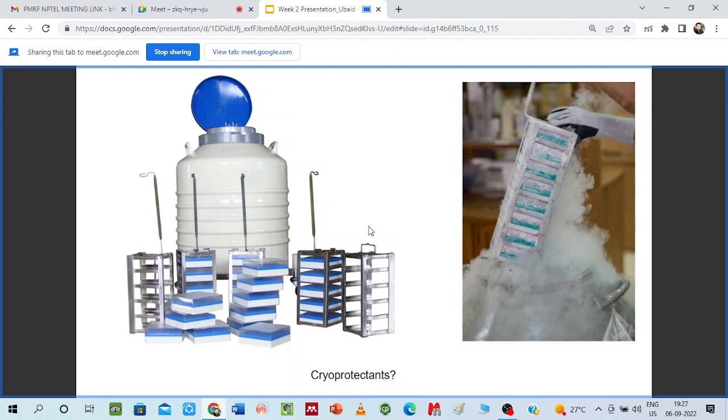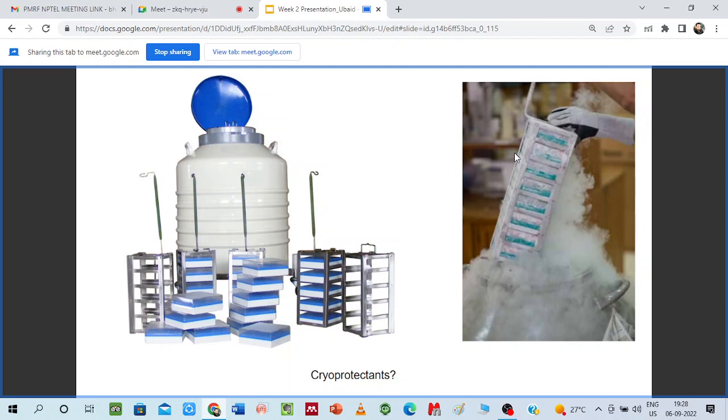When you have to take the cells out from the liquid nitrogen, you have to remove these racks, as there is a handle above. You remove these racks and open these cryo boxes, and you can use the cell samples that you have stored.